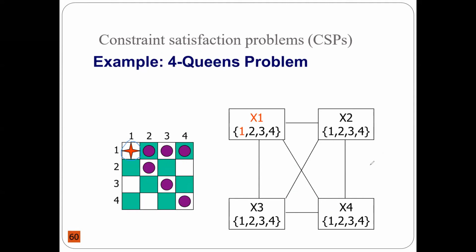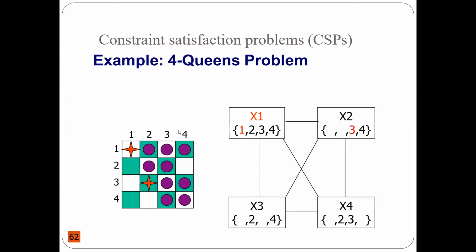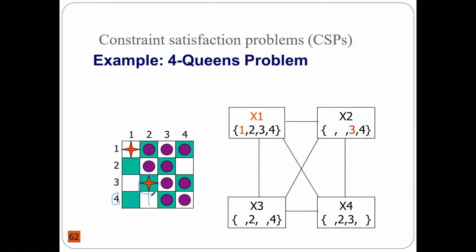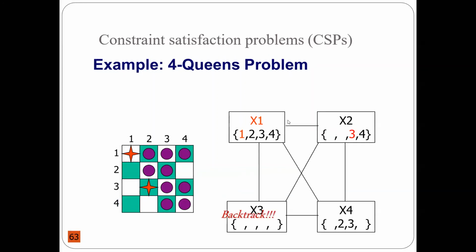Next case, suppose queens are placed at 2 and 3. But in this case we cannot place the queen in the 4th row, because we cannot place the queen diagonally or horizontally. So we have to backtrack this situation.